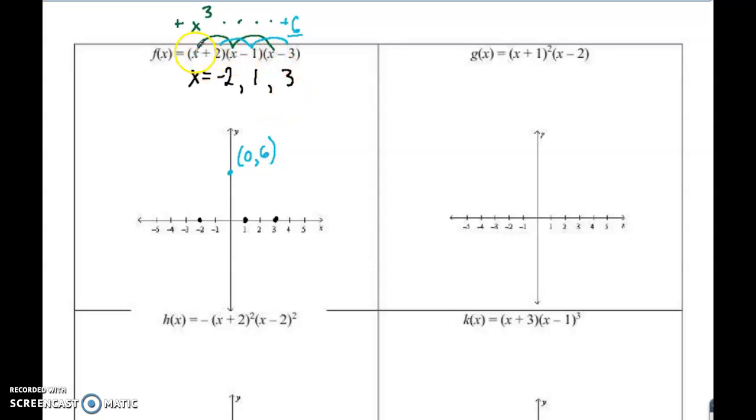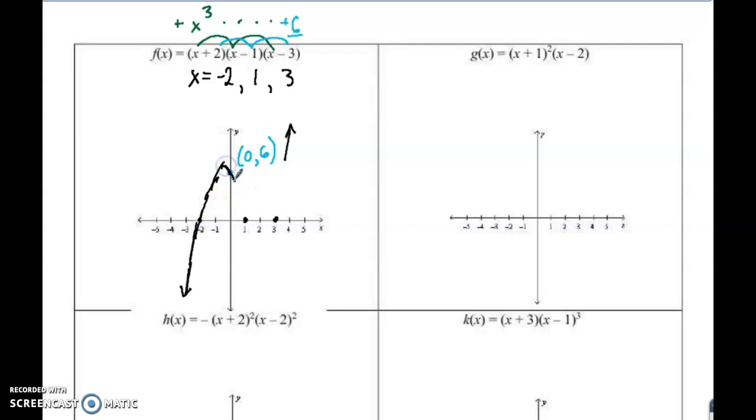Which should make sense, because if you plug in zeros for all of your x's, you're actually finding a point on that curve. The entire reason I bring that to your attention is your end behavior is down and to the left and up and to the right, which is confirmed because polynomials are continuous.